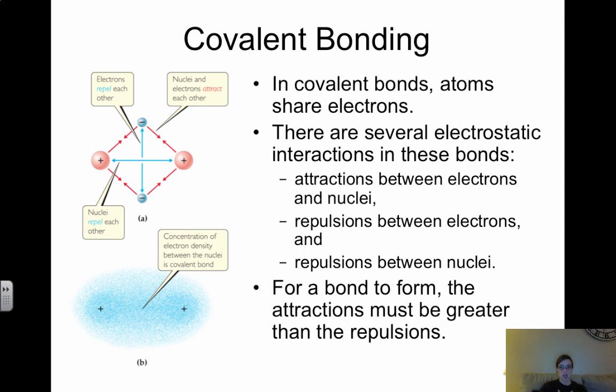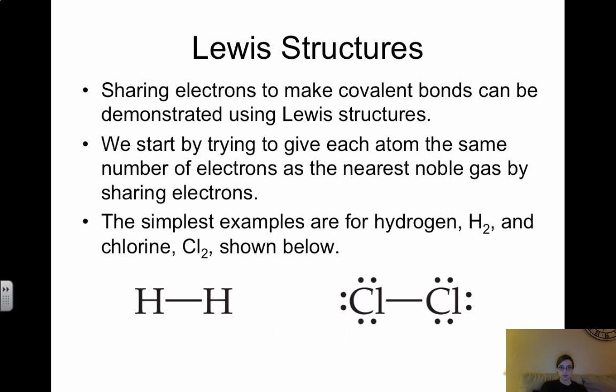We also have the repulsion between the electrons, and also the nuclei are going to repel. So for a bond to form, the attraction between the electrons and the nuclei must be greater than the repulsion. If the repulsion is too great, then the bond isn't going to form.